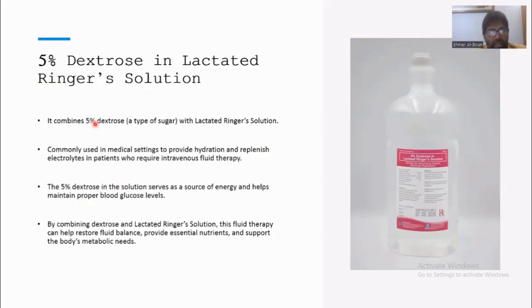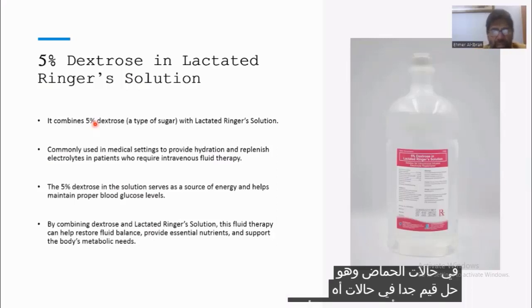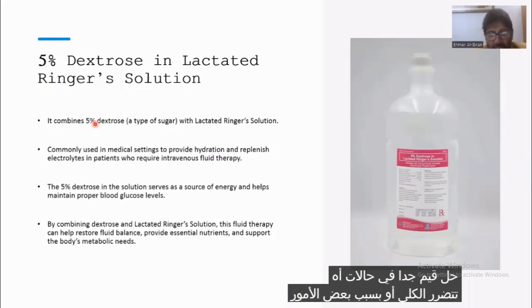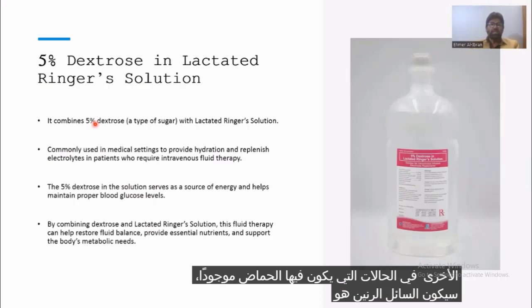Lactate breaks up into bicarbonate, so in cases of acidosis it is a very valuable solution. In cases where the kidney is compromised, or because of some other situation acidosis is there, Ringer lactate would be the choice.